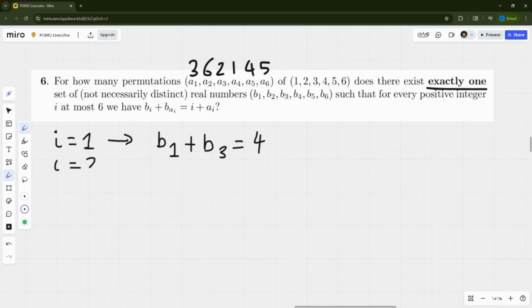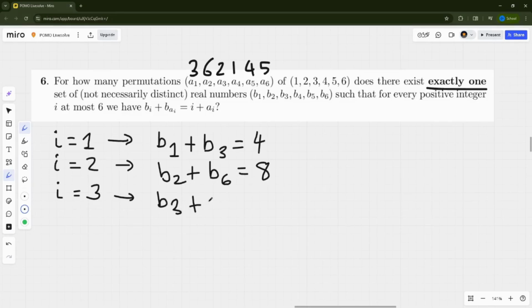If i is 2, we have b2 plus b6 is equal to 8. If i is 3, b3 plus b2 is equal to 3 plus 2, or 5. If i is 4, it becomes b4 plus b1 is equal to 5 again.